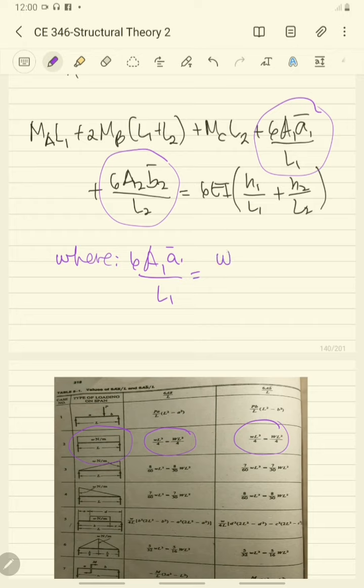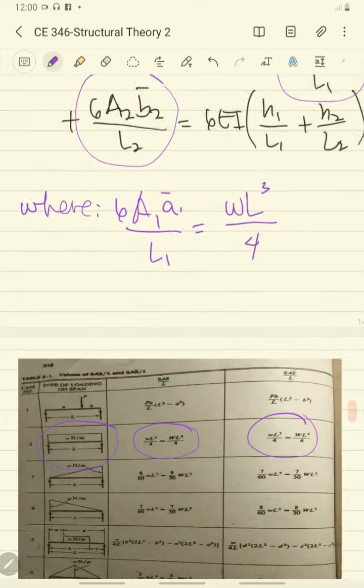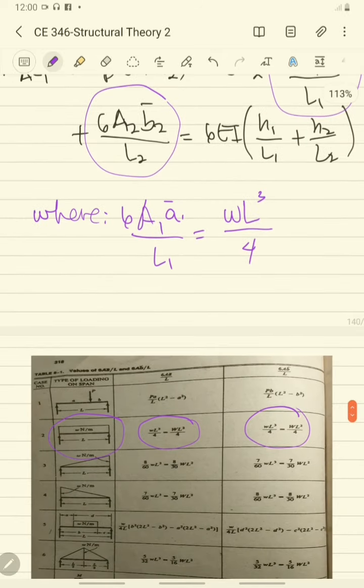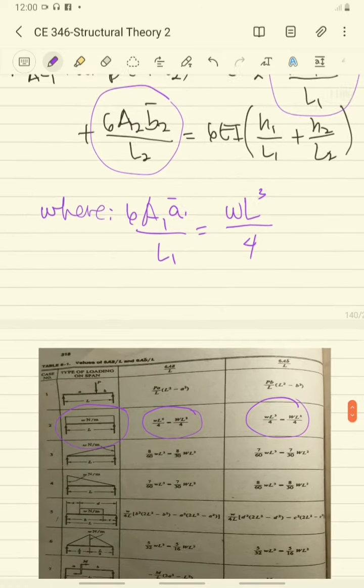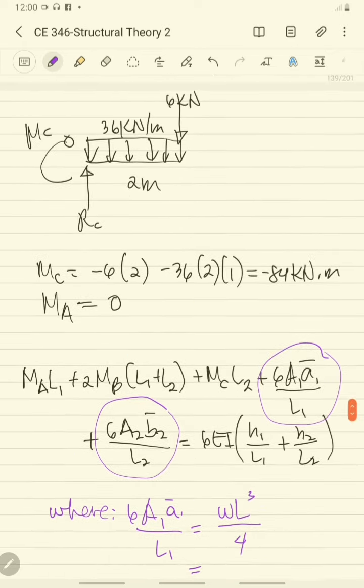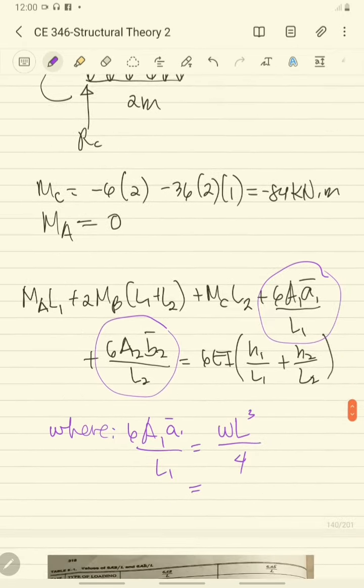So you have here w L cube over 4. Okay, you have 36, the load is 36 for span 1.